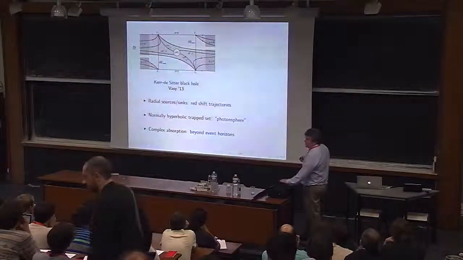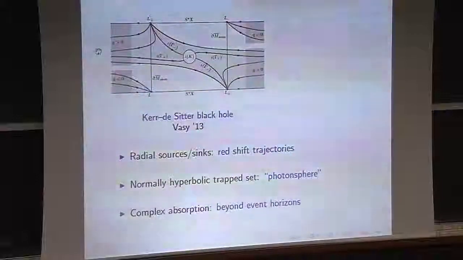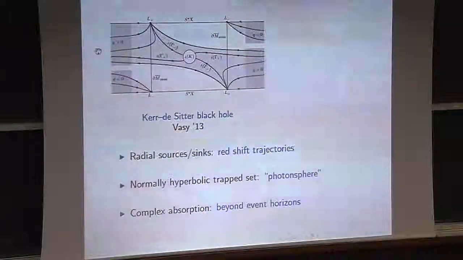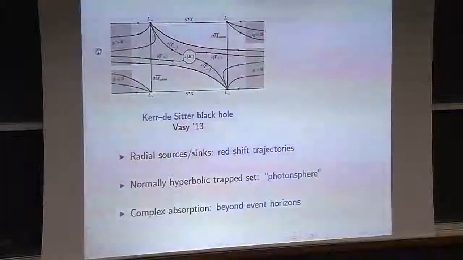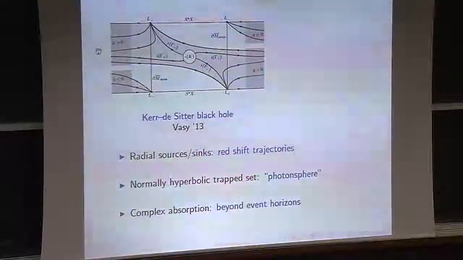The trapped set, namely the set of trajectories at some given energy which does not leave a compact set, is a photon sphere, at least in the case of Schwarzschild black holes. To define, for instance, quasi-normal modes and obtain some Fredholm property, one uses complex absorption beyond event horizons.